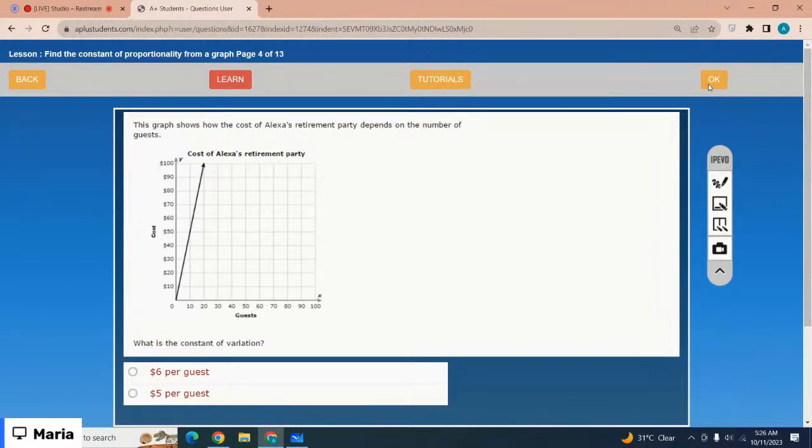This graph shows how the cost of Alexa's retirement party depends on the number of guests. What is the constant of variation? Which is the correct option?